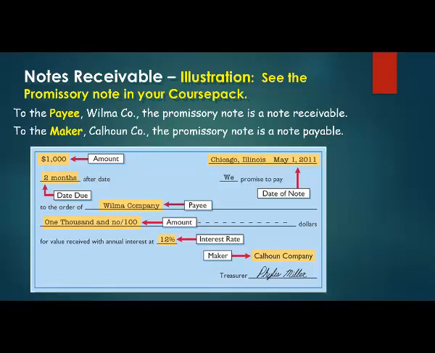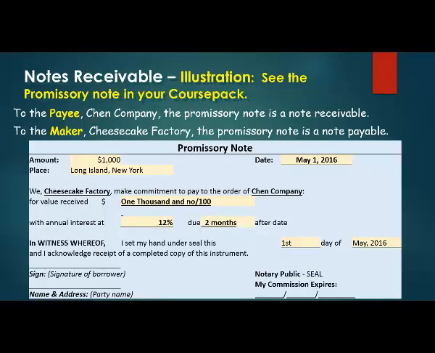So Calhoun Company is the borrower, also called the maker. Wilma Company is the payee, also called the lender. The note is $1,000. It's only 2 months. Annual interest is 12%, but the actual interest will be prorated to 2 months.